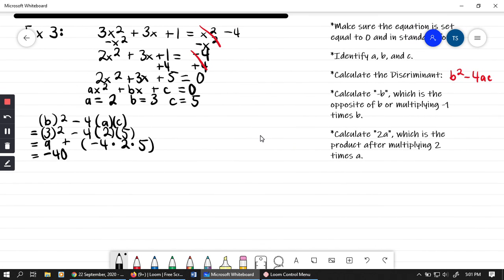Alright, so that's the discriminant, and we need to also calculate the negative b.